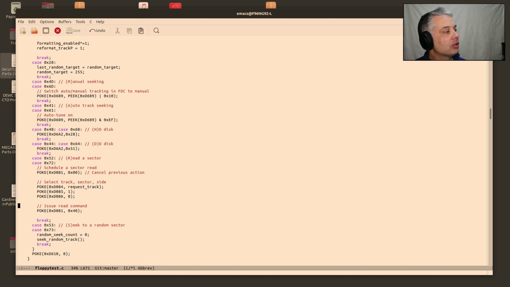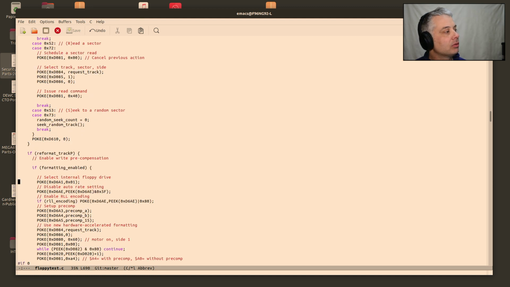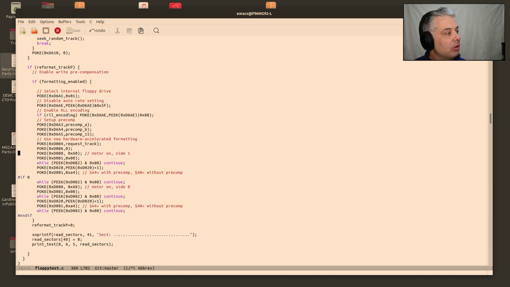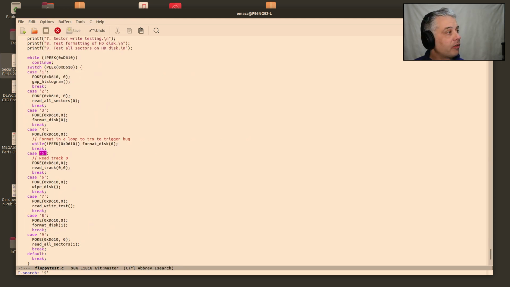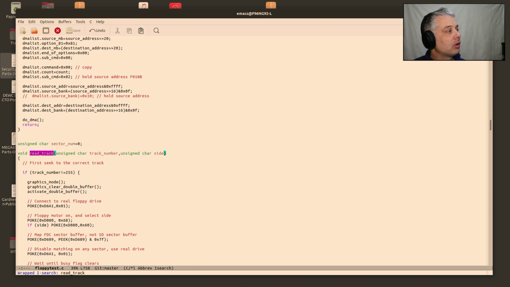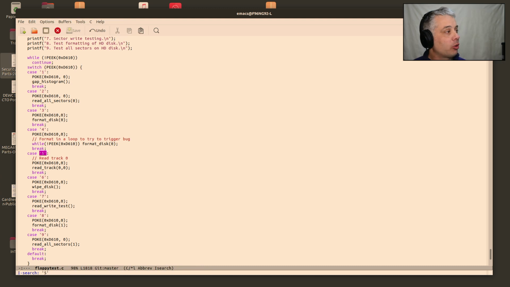Reader sector, issue the command. Right, so it's using motor on side 0. So let's find the read track 0 code. Yes, it's going to be reading the opposite side, which of course won't be formatted in this way.